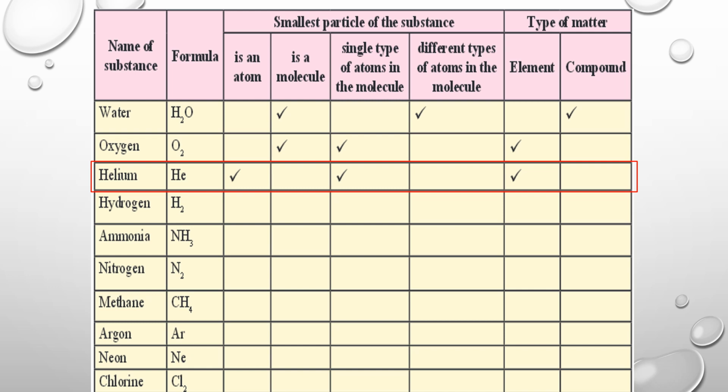Again, look at the next two columns, single type or different type. Here again, even though there are two letters, H and E, only one is capital, only H is capital. That is why this is single type of atom, and because it is single type of atom, it becomes an element. Clear? Let's look at the next example.